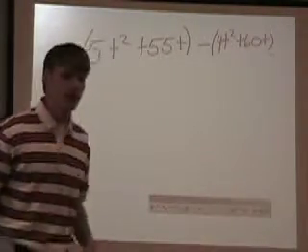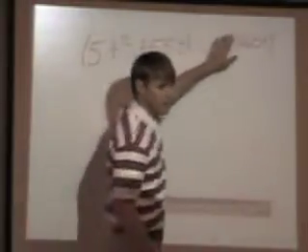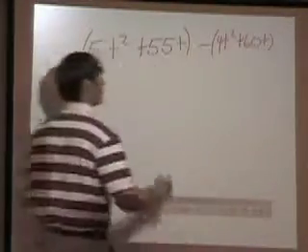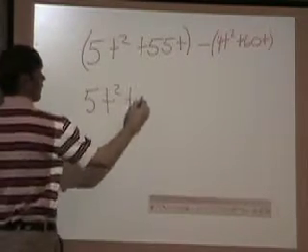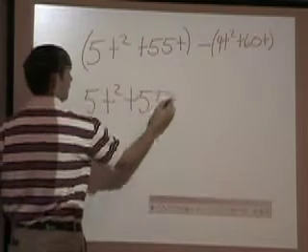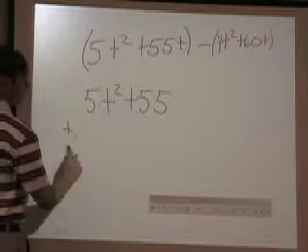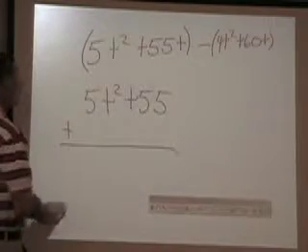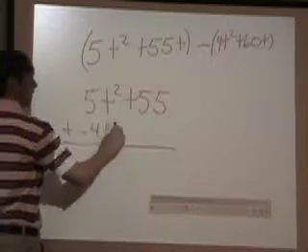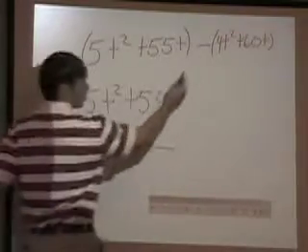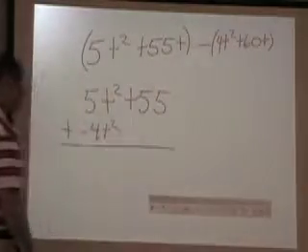Now this is similar to all the others we've done so far. We want this minus this. So let's rewrite it: 5t squared plus 55t. And instead of minus, what do I put? Plus. And what am I adding it to? Negative 4t squared. Remember, if you're going to change this to a positive, you have to change the sign of everything inside.